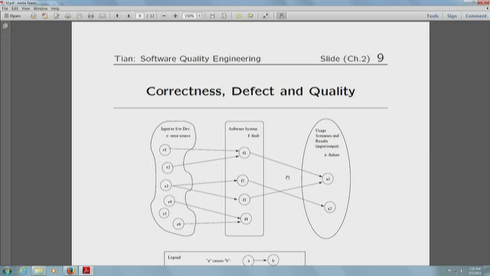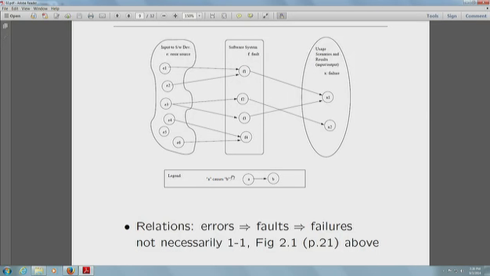And with this, what we can say is that if quality is synonymous with no defect, high quality means no or low defect, then if you want to deal with quality problems, you deal with defect problems.